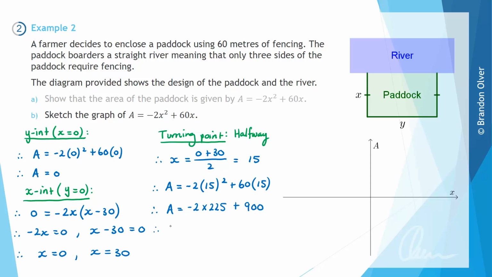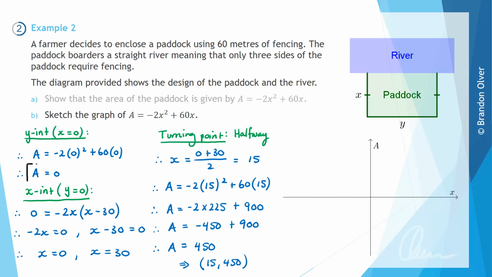So the area is going to equal minus 450 plus 900. So the maximum area, or the turning point, has a y value of 450. So that means the coordinate is going to be 15, 450.